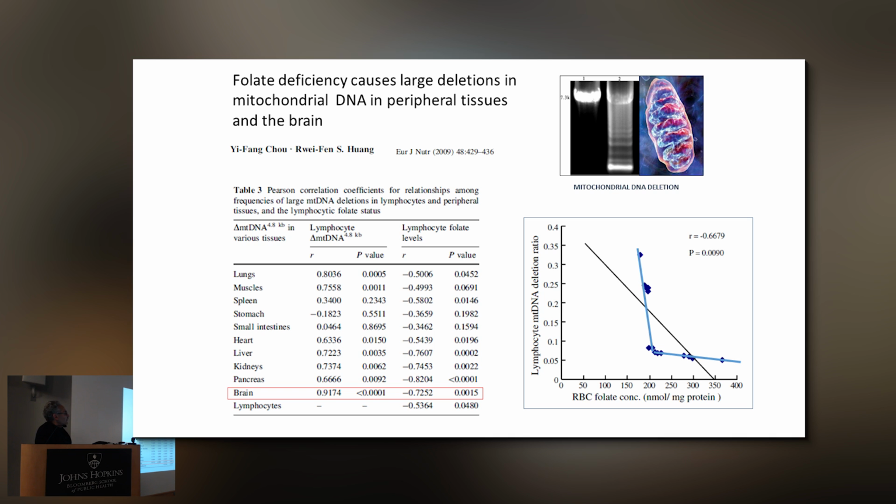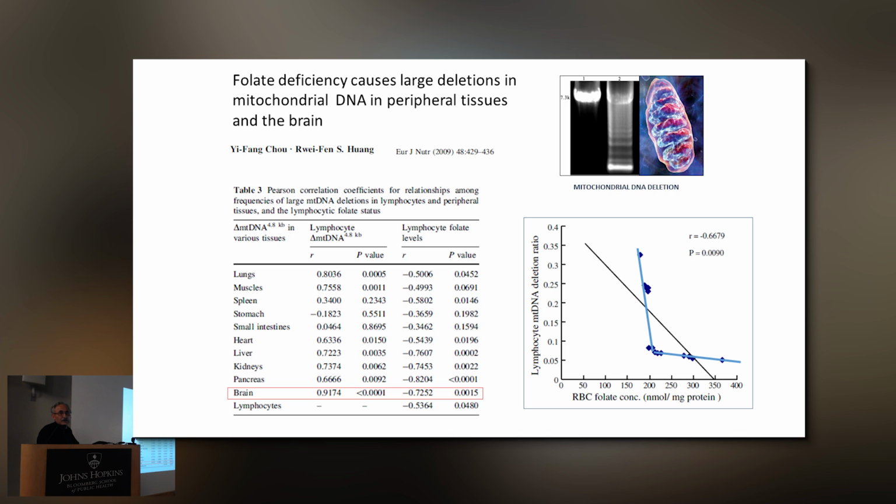She had been studying the impact of folate deficiency on mitochondrial DNA deletions. So you've got these major deletions that can be induced, that appear to occur spontaneously. But what she observed was that these deletions in the mouse model were actually induced by folate deficiency, and to a great extent across all tissues, as shown here. She plotted the data like this as a linear relationship, but you could also plot it as a hockey stick.